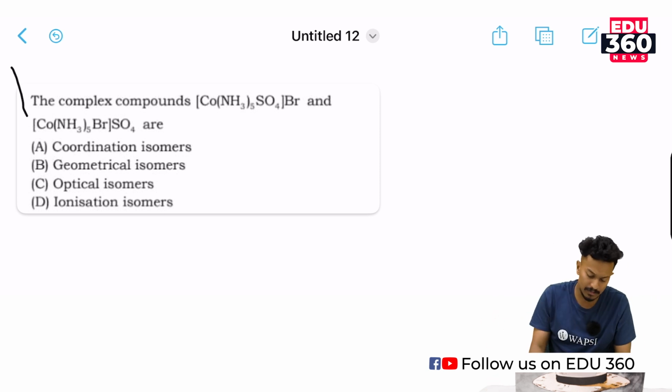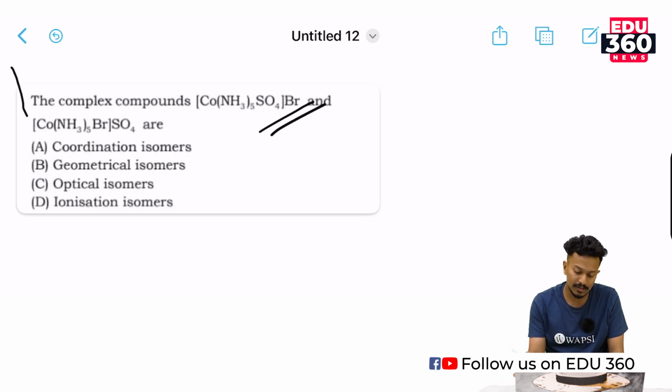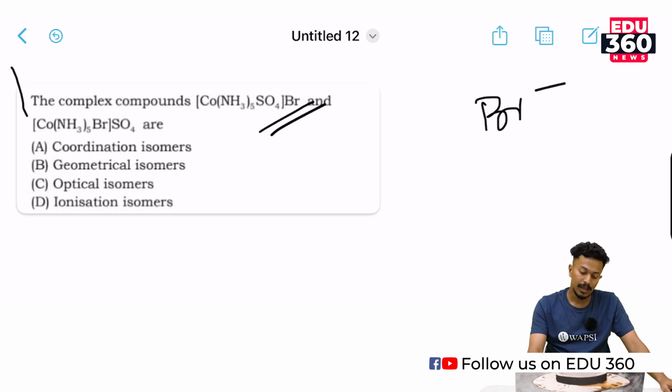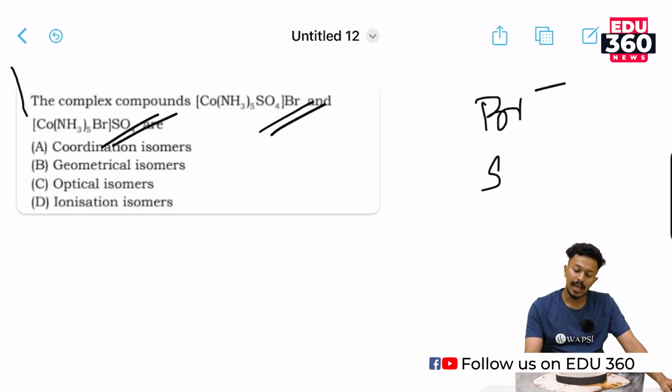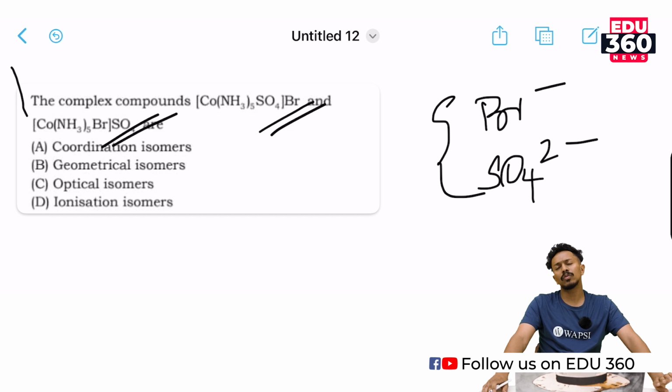Well, it's easy to find out that these are ionization isomers, because on ionizing the first we get bromine as an ion, and the second gives SO4 2 minus as the ion. Both have the same chemical formula but give out different ions on ionization.